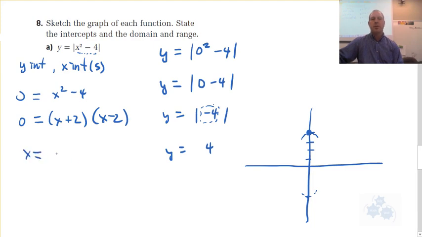And so your x's are going to be negative 2 and positive 2. So that's where your intercepts are going to be, there and there. Okay? So now you can kind of piece these things together. This looks like, because that's a positive x squared there, that's going to be a parabola that opens upward.